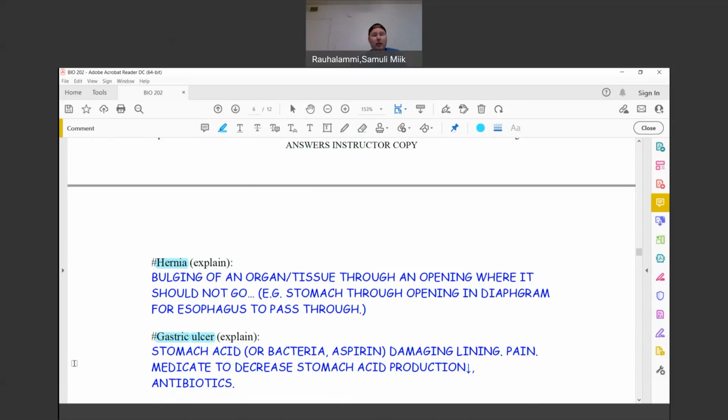Some of the causes would be, for example, certain bacterial infections. Also, taking great amounts of aspirin will damage this lining, and stomach acids now get there. That would be a problem. There would be a painful sensation. We can treat this with medications that decrease stomach acid production, so we don't make the situation worse. But really, tackling the root cause, for example, if we have bacteria, antibiotics would be what we'd be looking at.